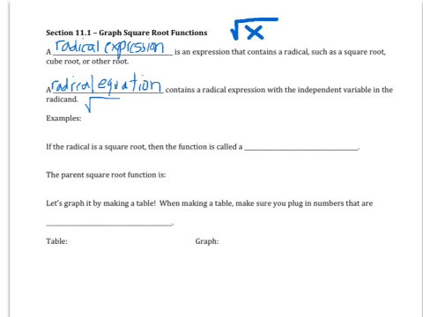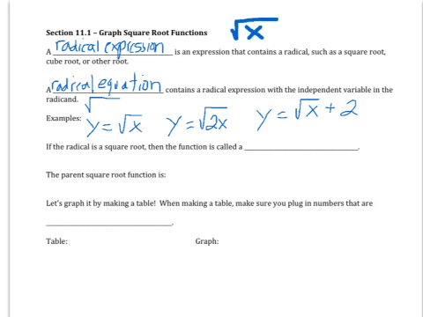Examples of a radical equation could be y equals the square root of x, y equals the square root of 2x, y equals the square root of x plus 2, with the 2 on the outside. So basically, any equation that has a radical in it.